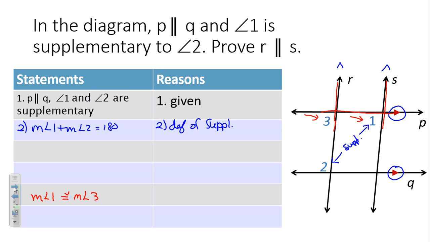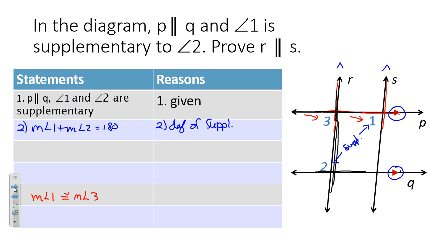What else can we do? Can we get something else supplementary? Three and what? Three and two, right? 3 and 2 have two parallel lines cut by a transversal.